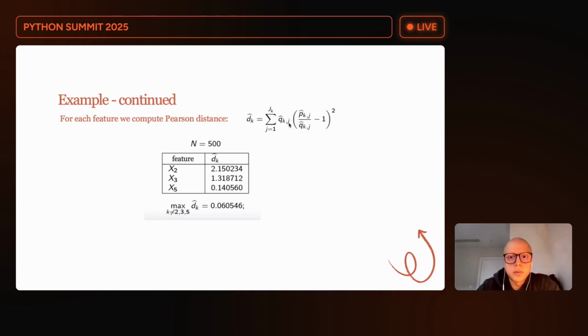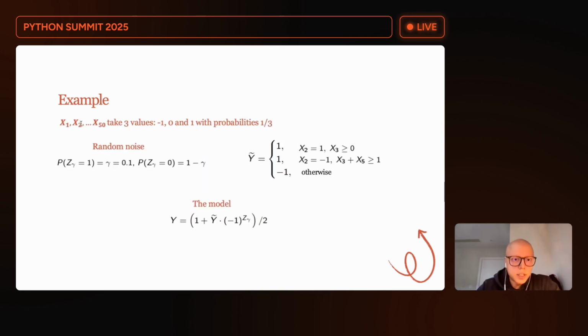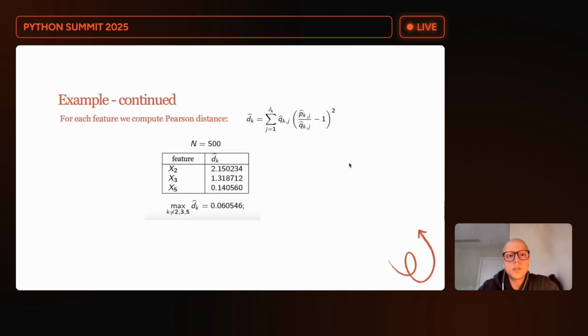And when we calculate those frequencies and plug them in, we can see that we have the following values for n equal to 500, the size of the sample. So for 500 x1s, 500 x2s, etc., and 500 y's that we calculated from those features, we get the following distances.